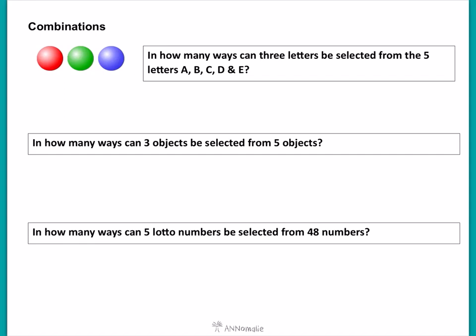Let's say we choose the letters A, B, C. And that now represents a combination. So, this represents one combination.